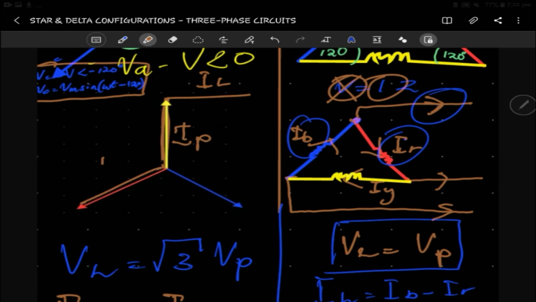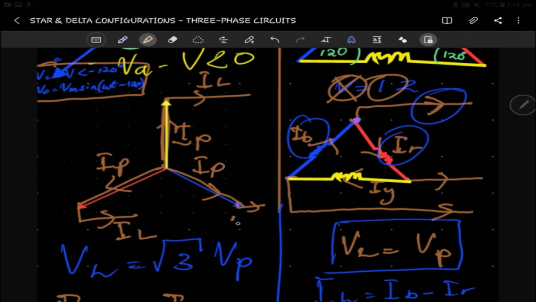So this is the phase current, and the one outside, going in the same direction, will basically be the line current. So you see that they are the same, right?